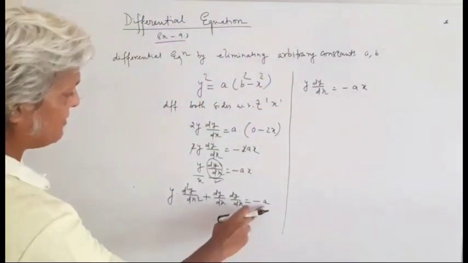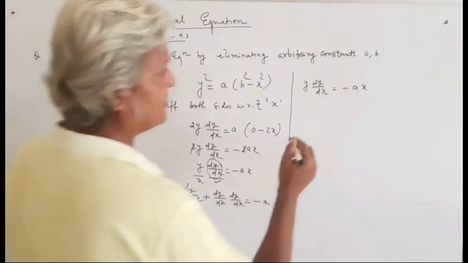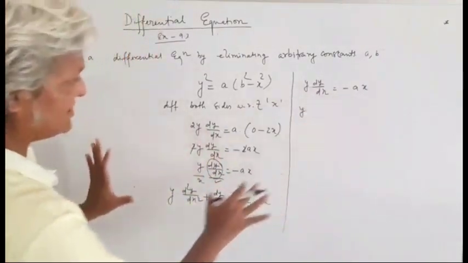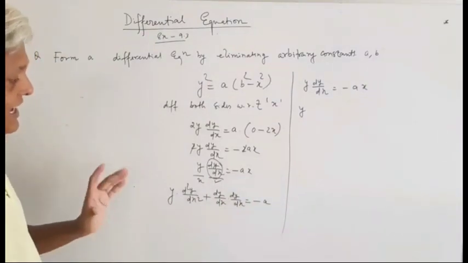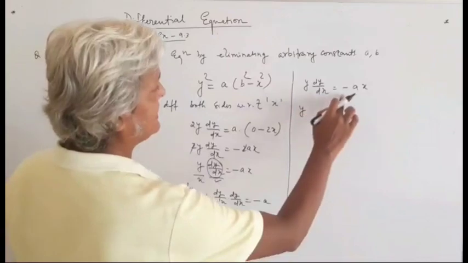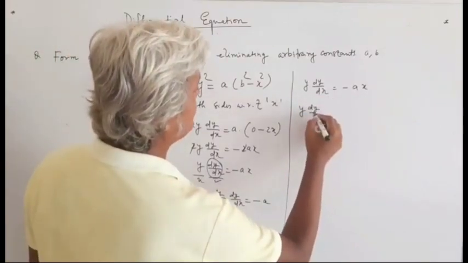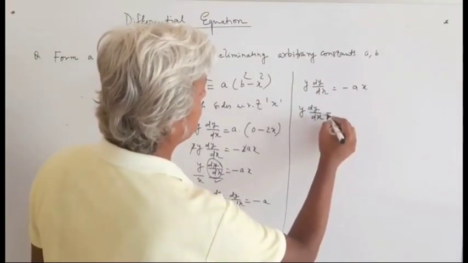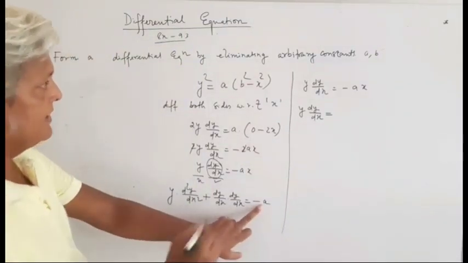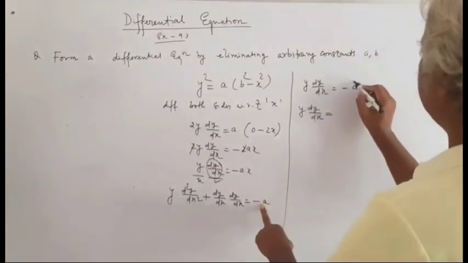So in place of minus a, if I write this whole thing, what will it become? Here I solve this expression slowly. I will not be speaking, and you just keep your eyes on what I am doing. So y dy by dx in place of y, minus a.